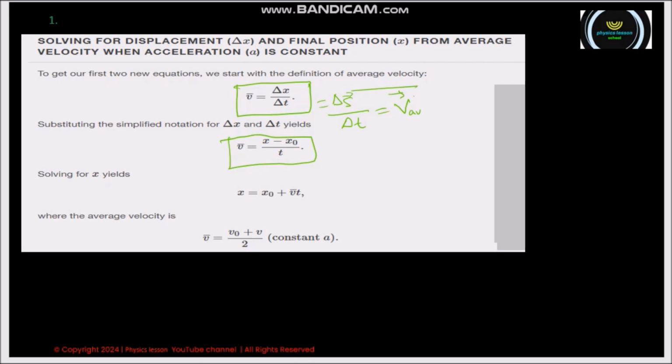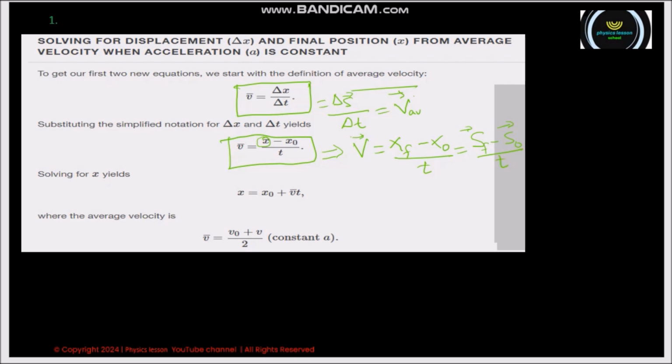Let me show you this to make it clear. V average is equal to x final minus x initial. No need to be confused, this is the final displacement minus the initial displacement over time.